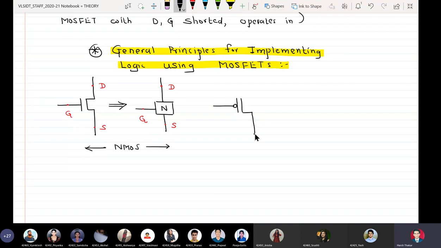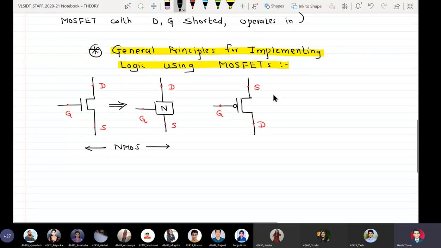Similarly, I will draw the simplified symbol for a PMOS. But here I'm going to change the terminals, and I will tell why. Please remember one thing, whenever you are drawing a PMOS on paper, the upper terminal is regarded as source, the lower terminal as drain, and obviously the third one is the gate.